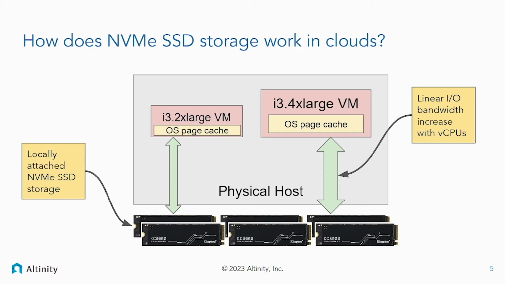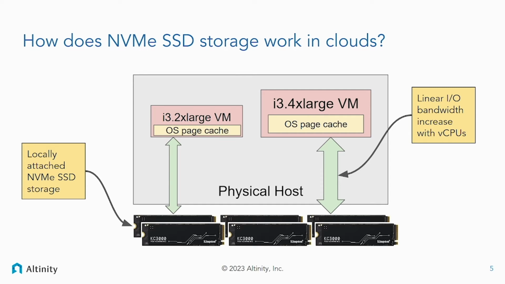This is flash storage attached to, for example, a PCIe bus, and it's these little Kingston cards somewhere down there. This was an incredibly hard picture to draw because we have no idea what is going on down there in Amazon. But what we do know is that if you get a VM that has access to NVMe SSD, it's on some kind of physical host.